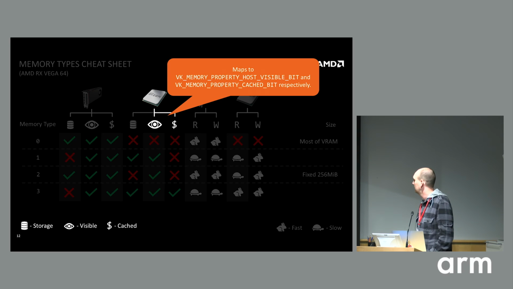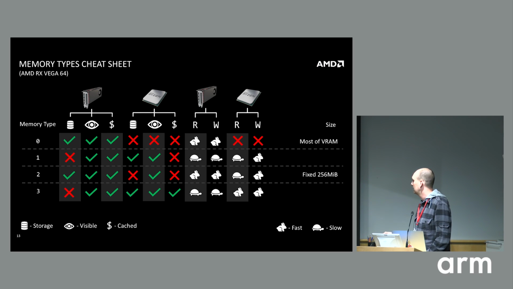So type 0 is device local but not host visible. Type 1 is host visible, not device local, but not host cached, no cached bit set. Type 2 would be device local and host visible. And then you've got host visible, not device local, cached.